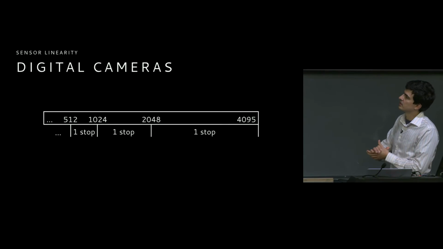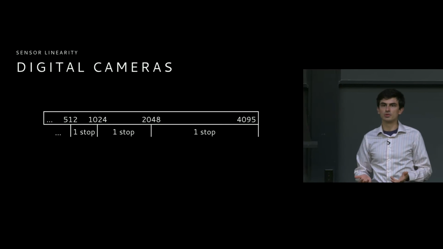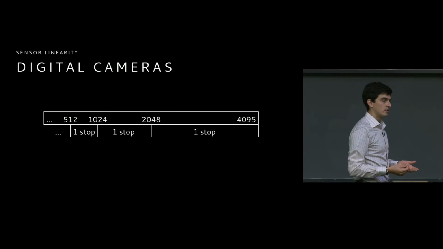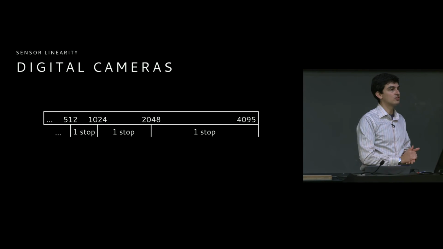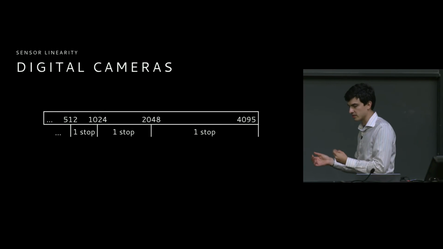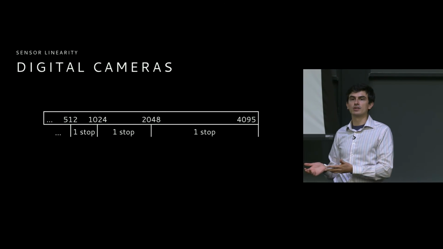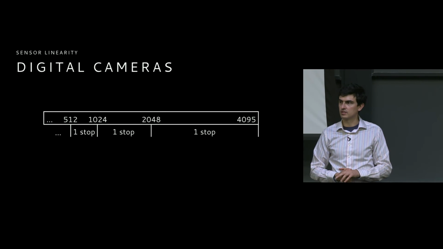So let's come back to this idea of sensor linearity, where we have a literal doubling or halving based on the number of stops. The reason that this is good is that it's easy to determine the brightness at an individual pixel. We can look at the values and compare them and realize, okay, this one is several stops brighter than this other value.